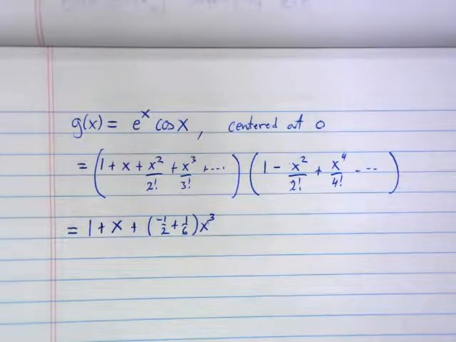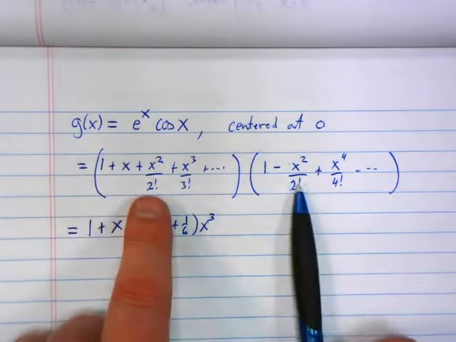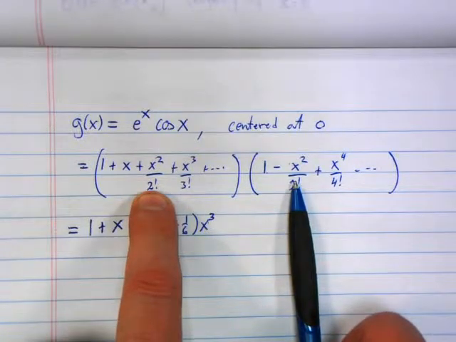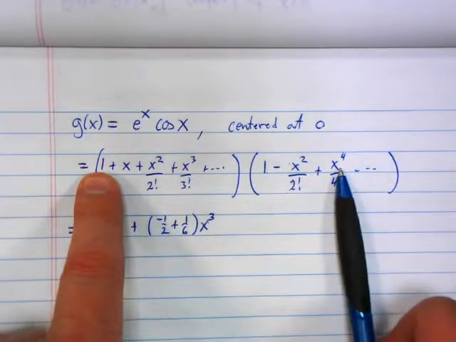All right, let's do one more term, and then I think that'll be enough. How about x to the 4th? Where am I going to get my x to the 4th from? I'm going to have the two x squareds, and then I have a 1 times an x to the 4th.